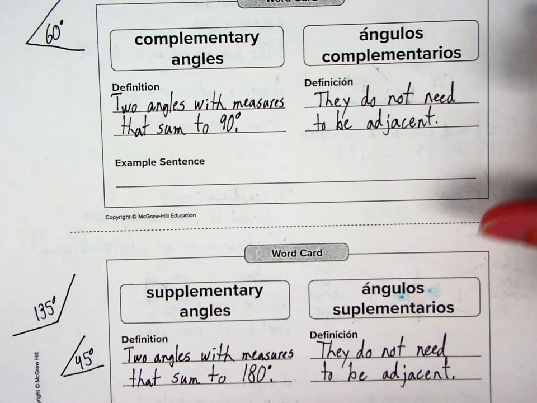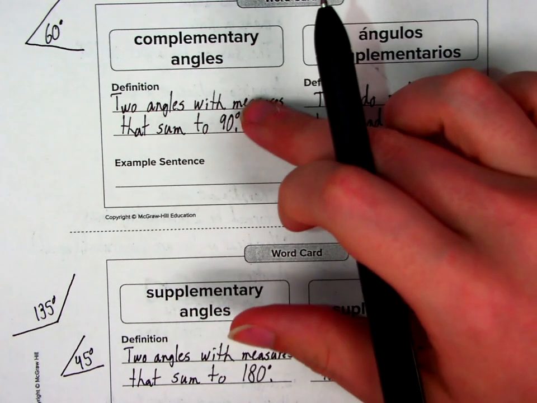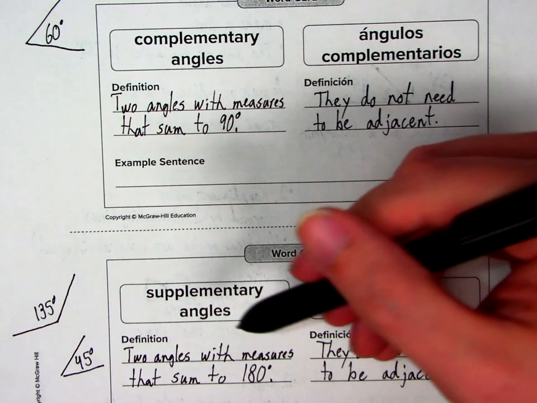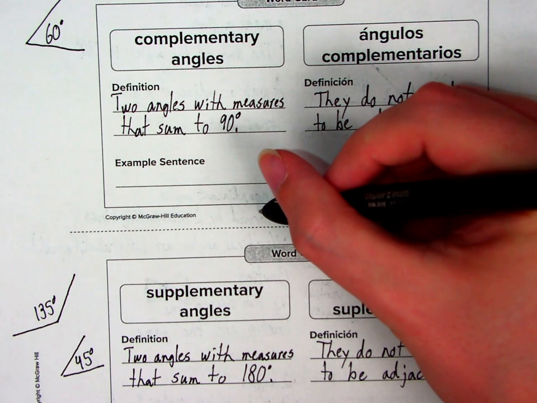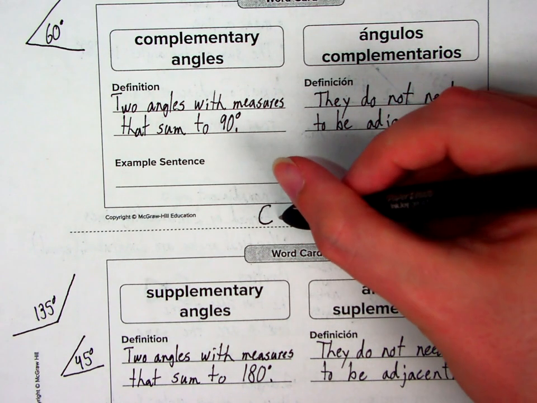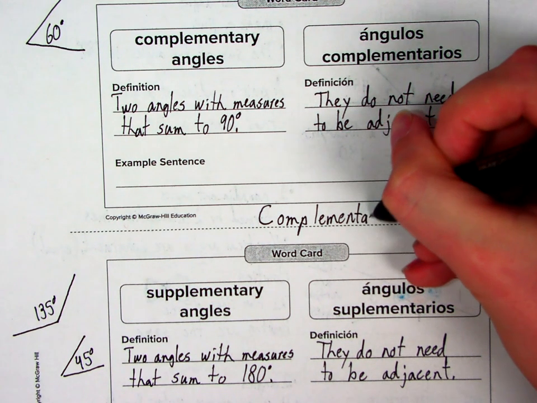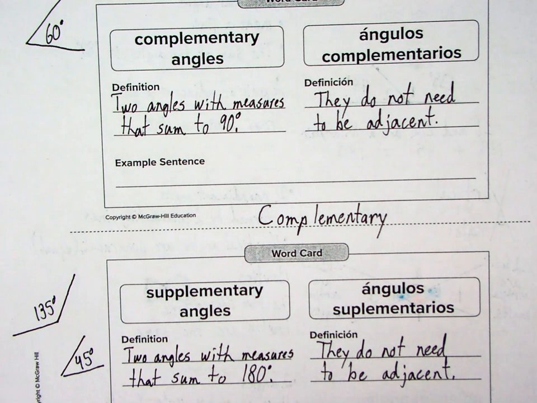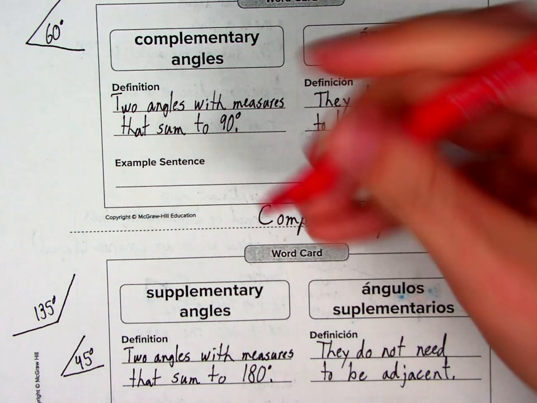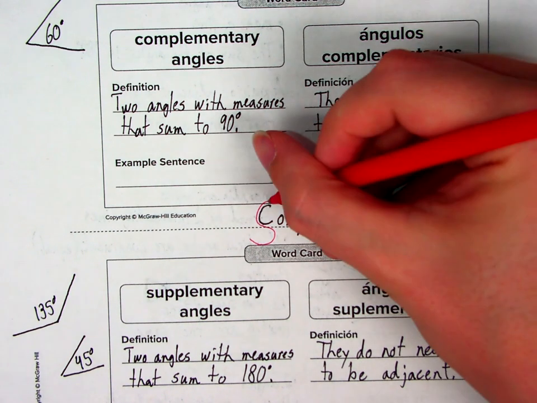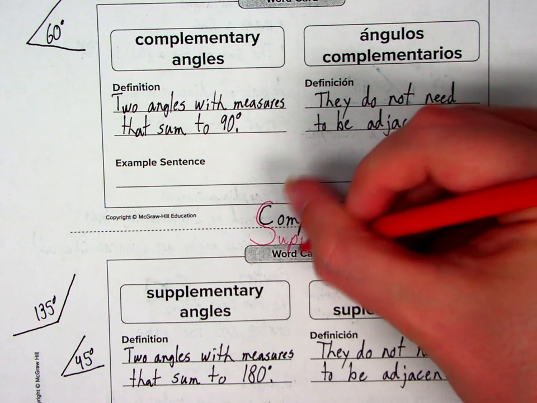And if we're struggling to remember which measurement goes with which word, I gave one other thing. This is one way I thought about it when I was first learning the words complementary and supplementary. Complementary, I thought about the letter C. My thoughts about the letter C were that it looks like half of the letter S. The S for supplementary.